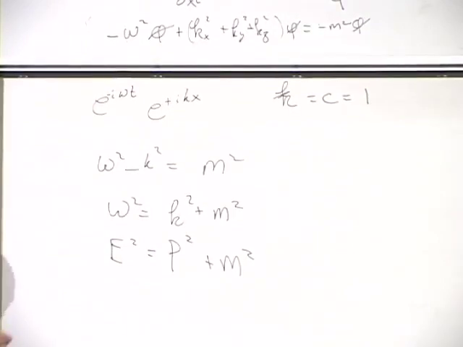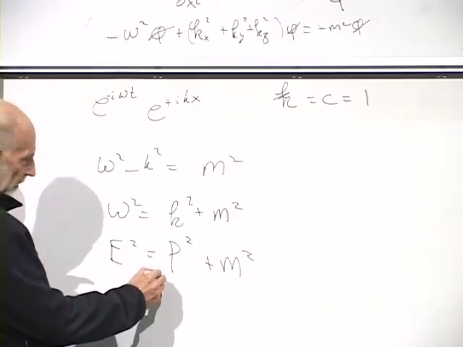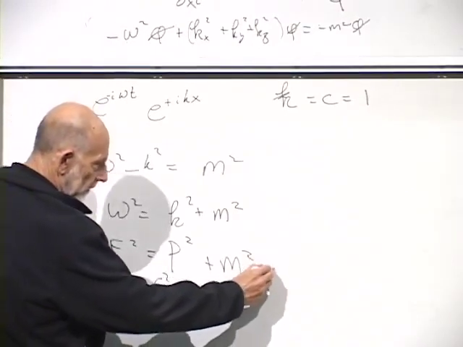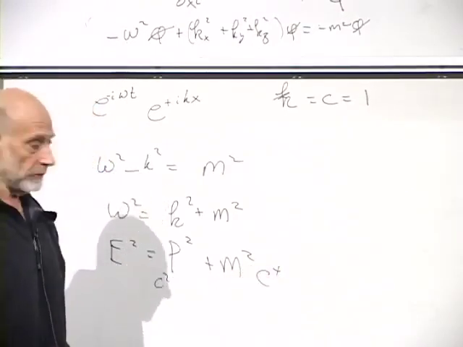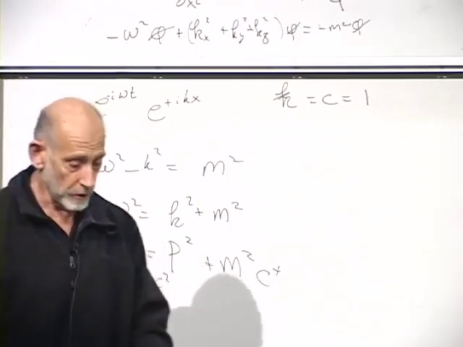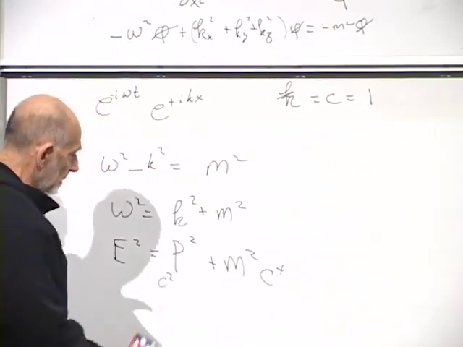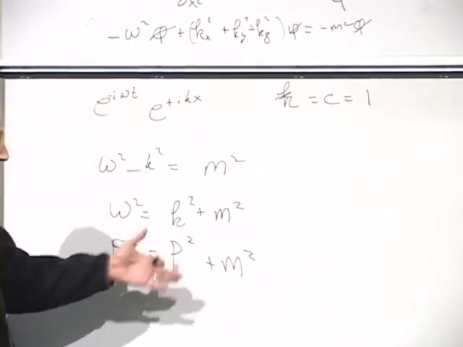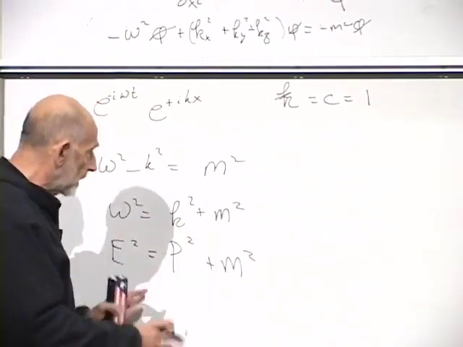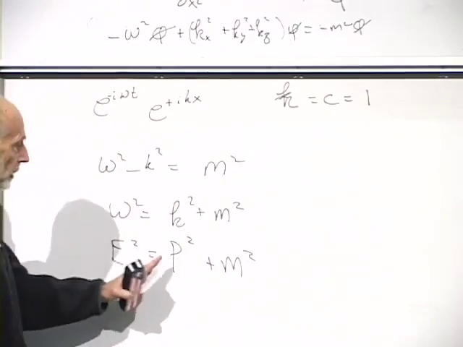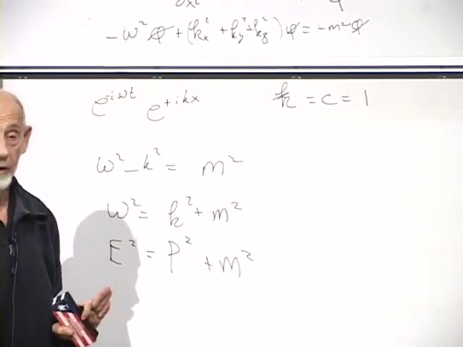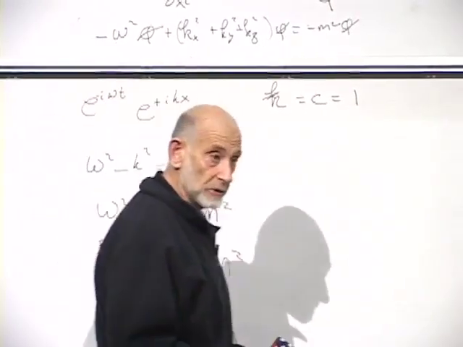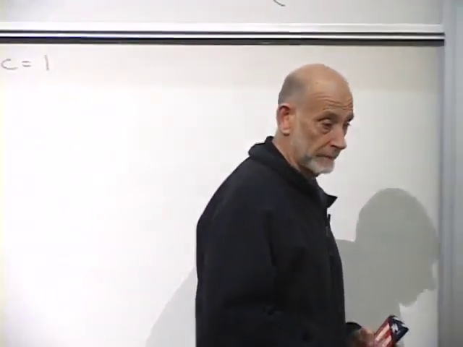If I wanted to put the speed of light back in, I would put a c squared over here and a c to the fourth over here. But in units in which the speed of light is equal to 1, this is just E squared equals p squared plus m squared. This is the usual relationship between energy and momentum if we interpret m as the mass of a single quantum.